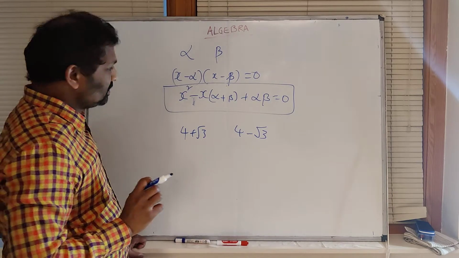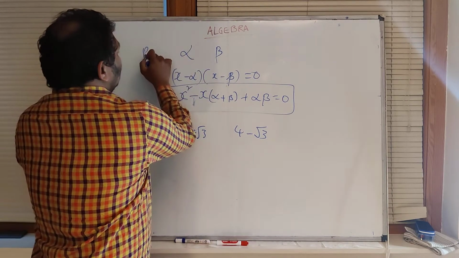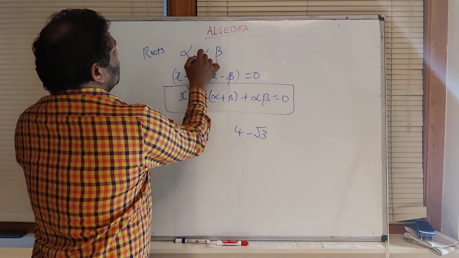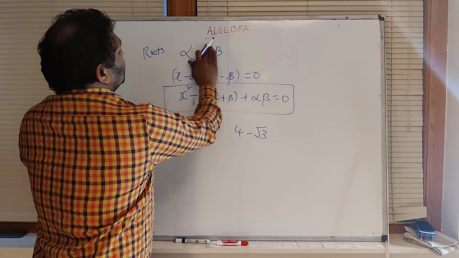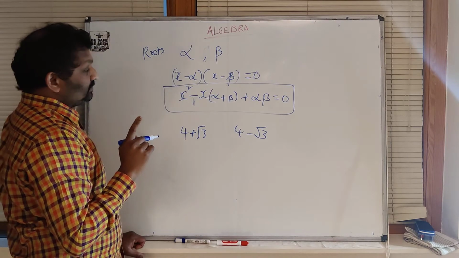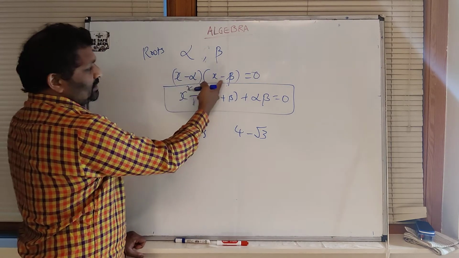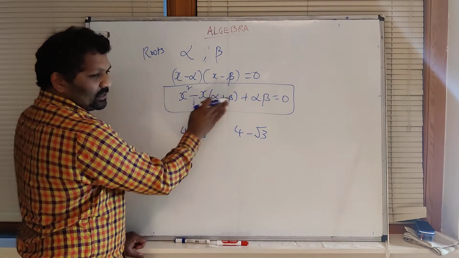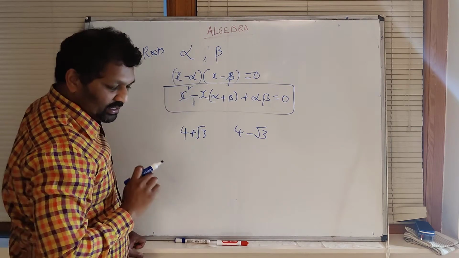If you have the roots alpha and beta, x minus alpha is one factor, x minus beta is another factor. If you multiply it, you will get this one. We talked about this yesterday or the day before.